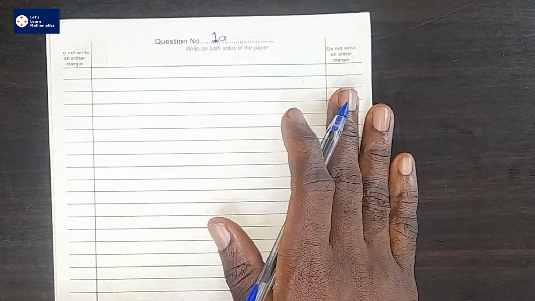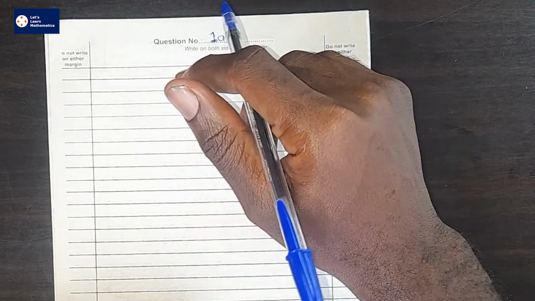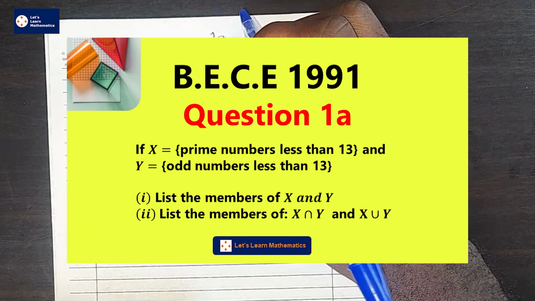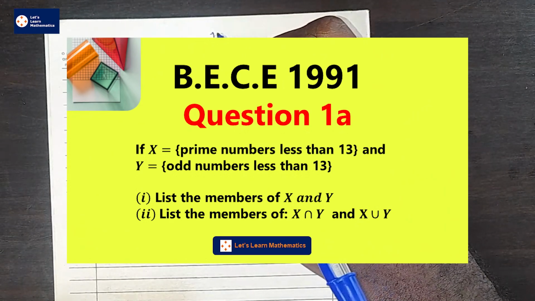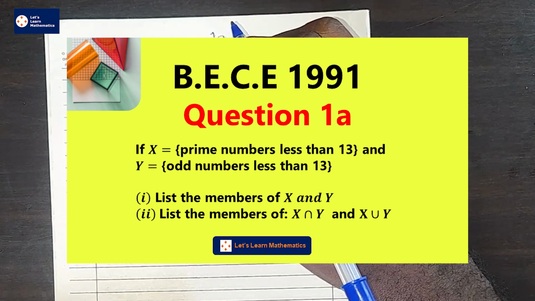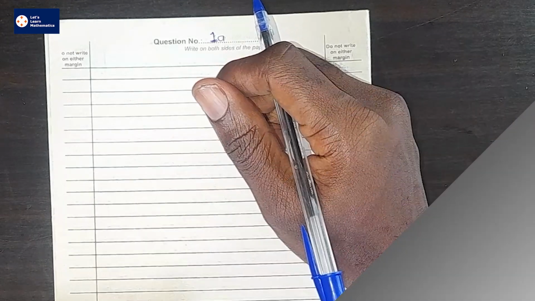Alright, so now let's look at this question 1A. Question 1A says that if x equals prime numbers less than 13 and y equals odd numbers less than 13, list the members of x and y.